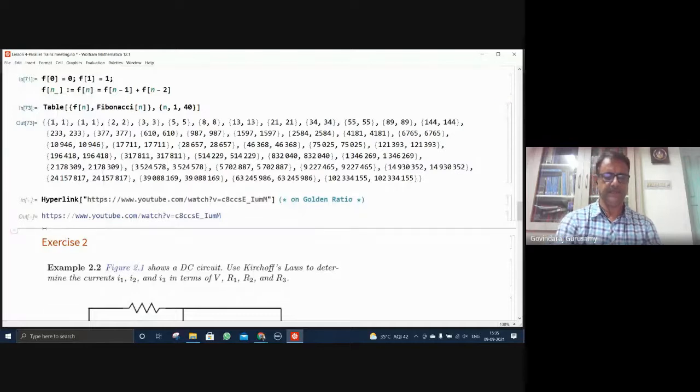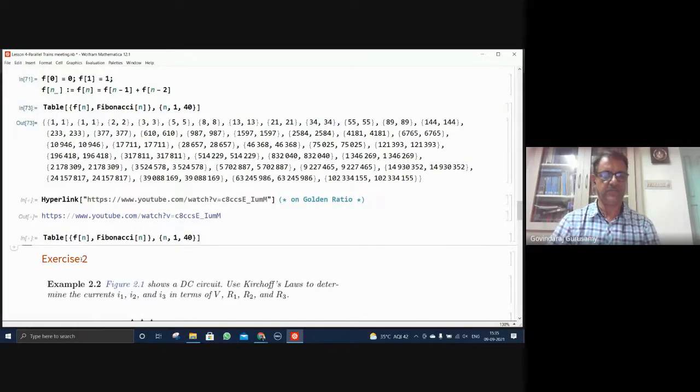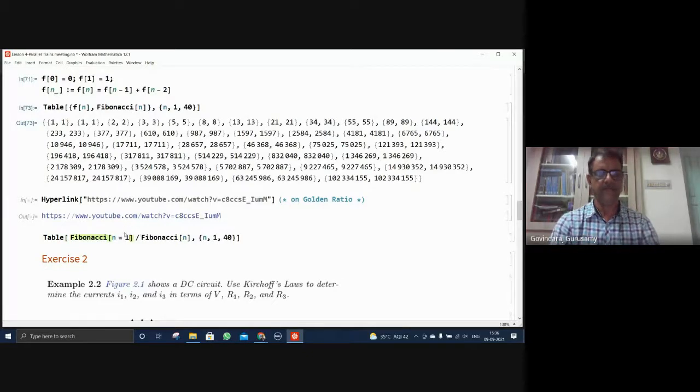Paste it over here. I wanted to take the ratio between Fibonacci of n plus 1 divided by Fibonacci of n.